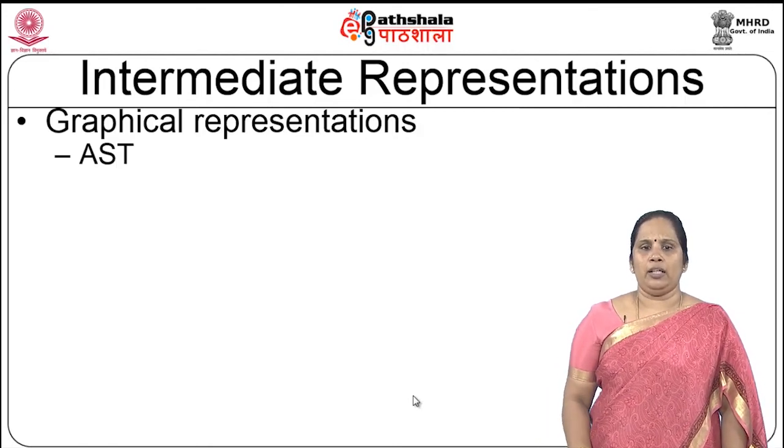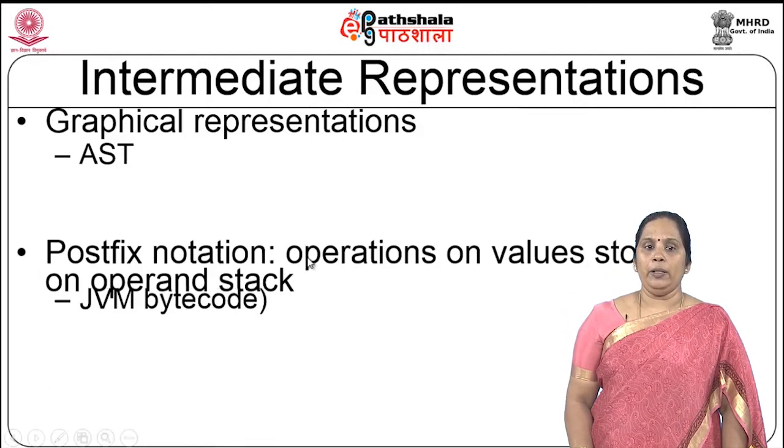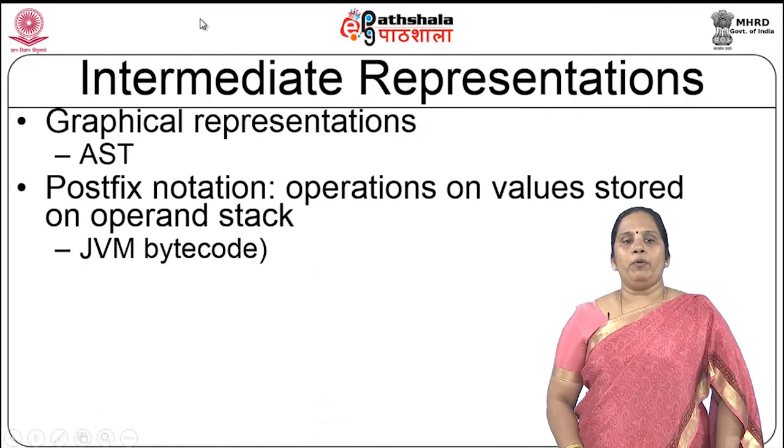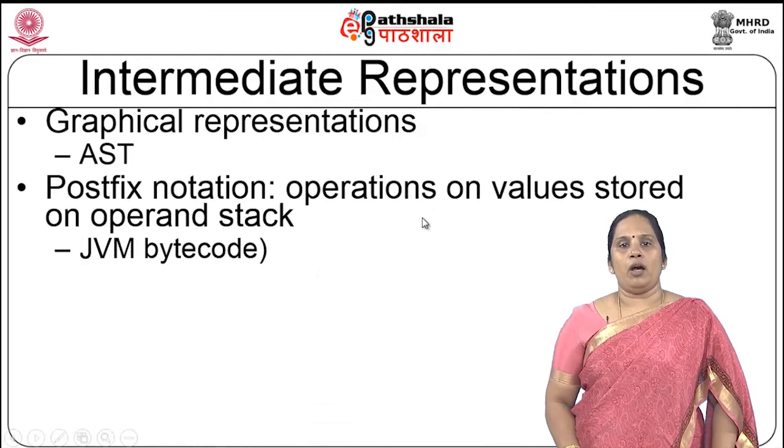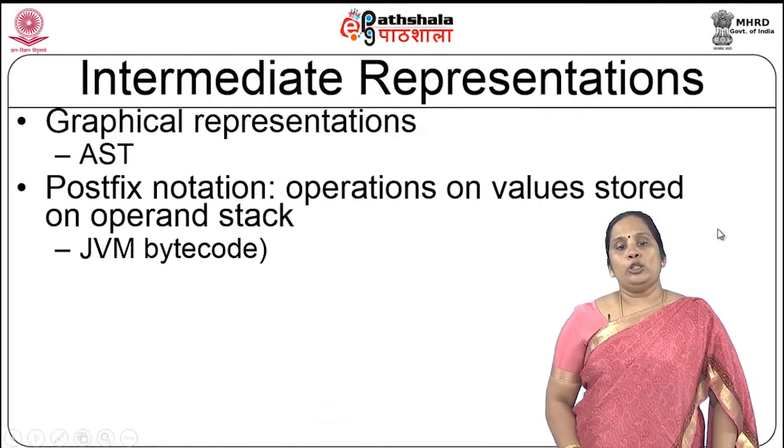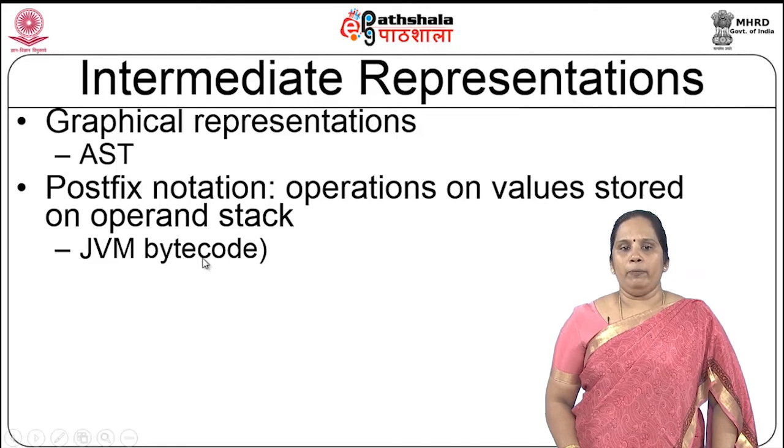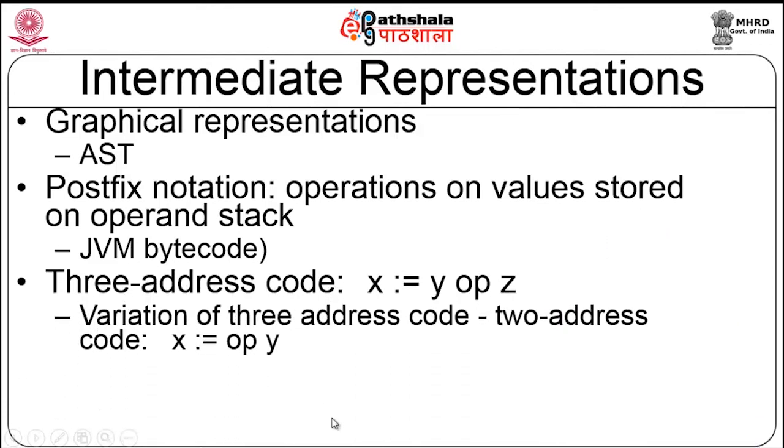The first one is graphical representations, where you have an abstract syntax tree, or I can have a postfix notation where there are operations on values stored on the operand stack. An example is JVM bytecode. Or I can have a 3-address code representation.